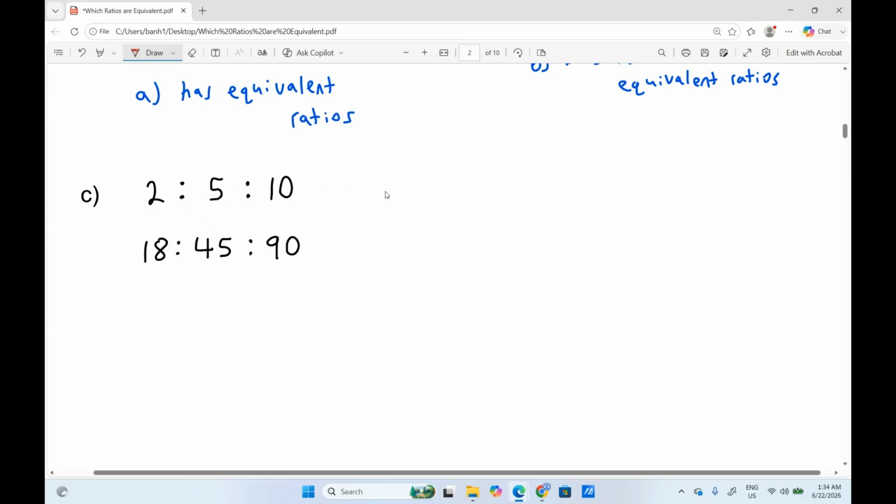So from 2 to 5, I'm going to have 2 over 5. And from 5 to 10, I'm going to have 5 over 10. Okay, great. And now I'm going to have 18 over 45. And then I'm going to have 45 over 90.